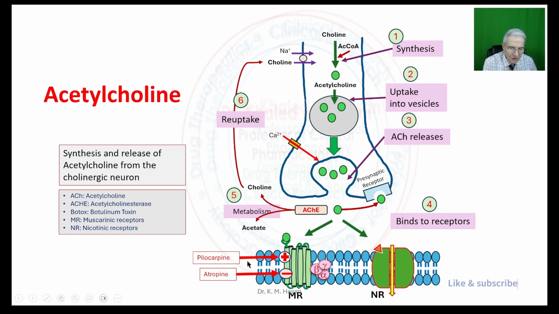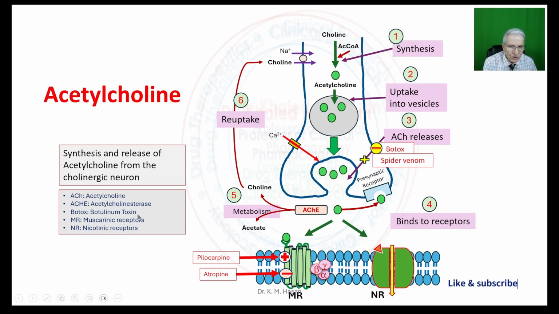On the other hand, atropine blocks the muscarinic receptor. What else? We have botulinum toxin, Botox. Botulinum toxin inhibits the release of acetylcholine, and we have black widow spider venom, which enhances the release of acetylcholine.